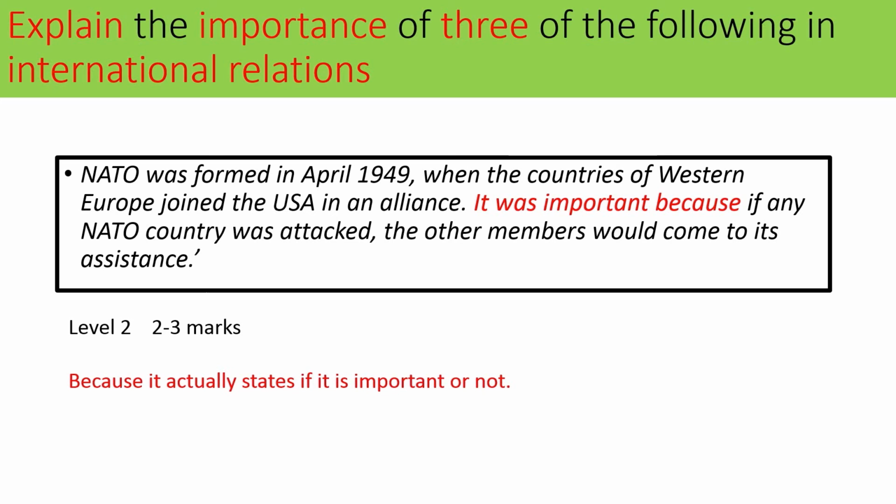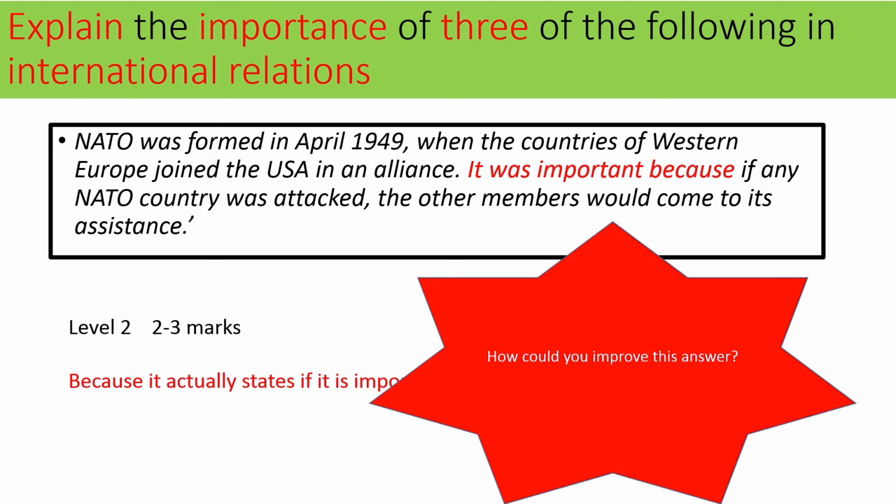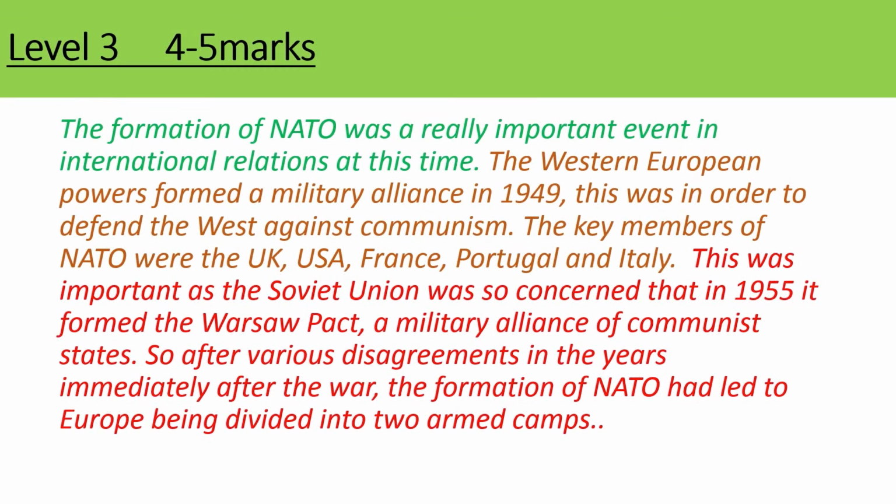Okay. So to get yourself higher, what you need to start doing is thinking about how you would improve that answer. Some of you already know, and here it is. You can see this one actually is a bit more specific. This will get you 4 to 5 marks, basically 5, because this one's really specific.